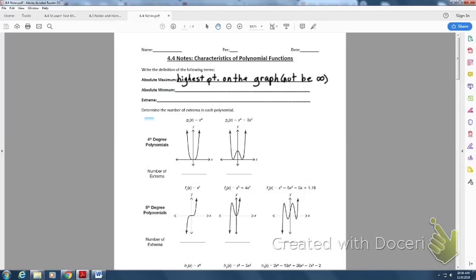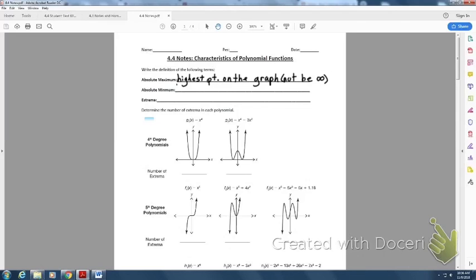So you might be asked, does this graph have an absolute max or an absolute min? Well, if it's just a parabola, that graph right there, that would have an absolute max. This parabola would not have an absolute max because those will go up to infinity, but that one would have an absolute minimum.